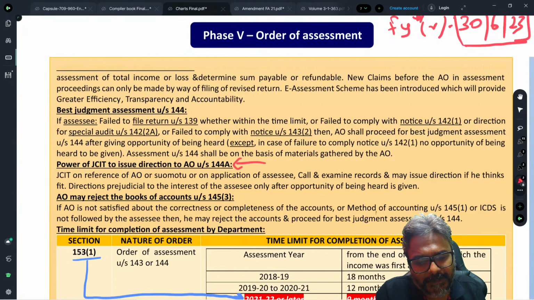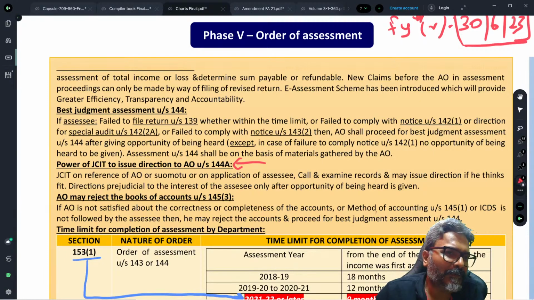So you can apply to the JCIT, and on the application you can call for the information under 144A, the information that you want to call upon.